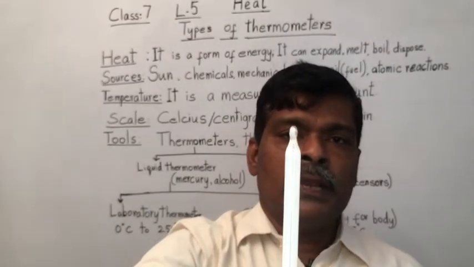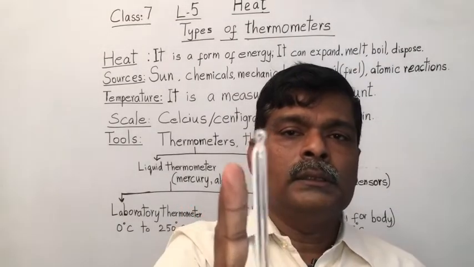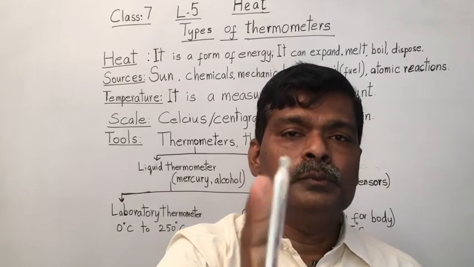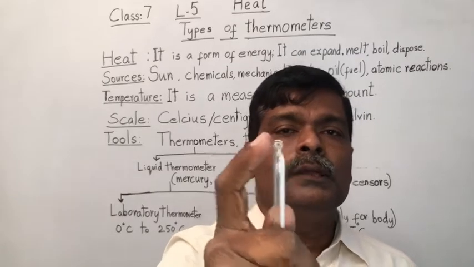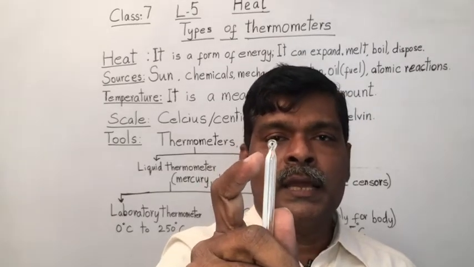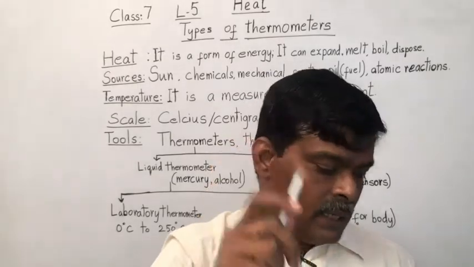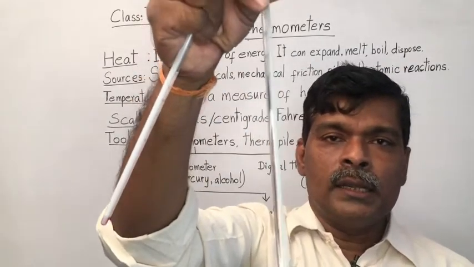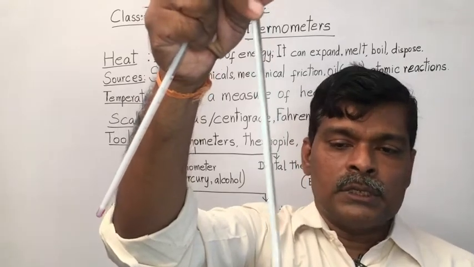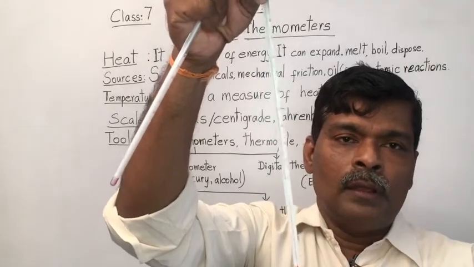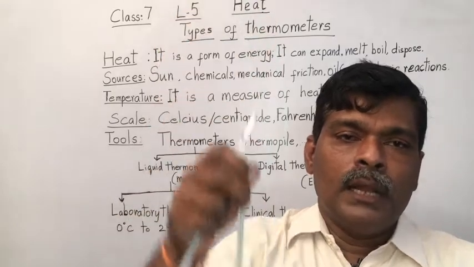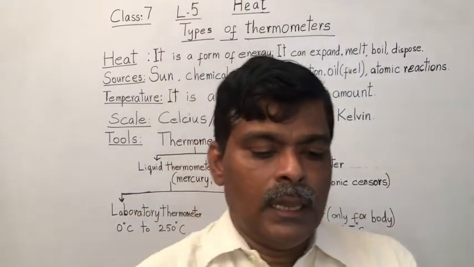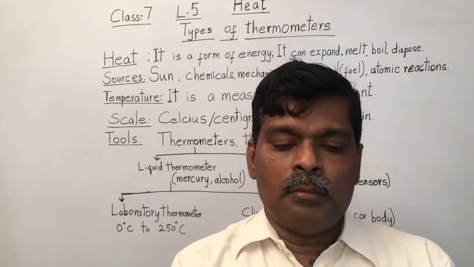This measuring tube, this part is a hook. This portion is the hook for fixing it in a stand or on a board. Next, another type is also there. It can measure 0 to 100 degrees Celsius. This is also an alcohol thermometer.